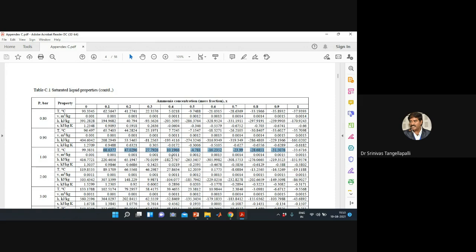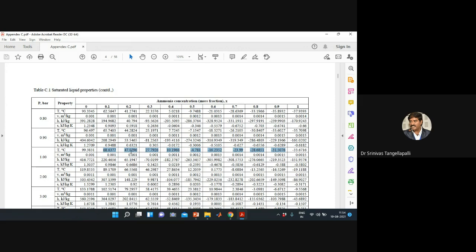It is the liquidus line. Its locus will give us the liquidus line: saturated liquid. With reference to the temperature, since this is a temperature row, this is called the bubble point temperature.